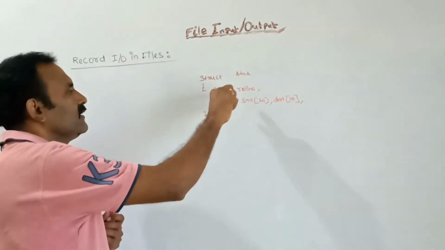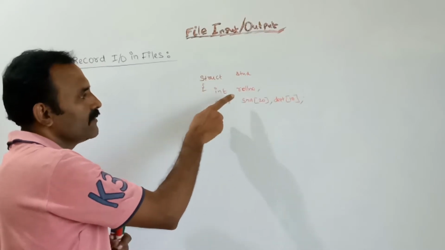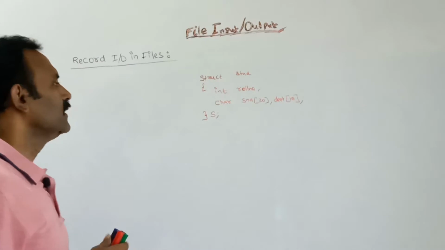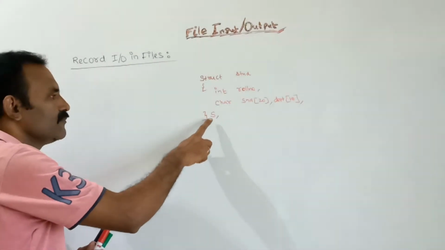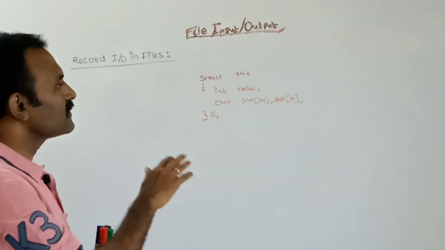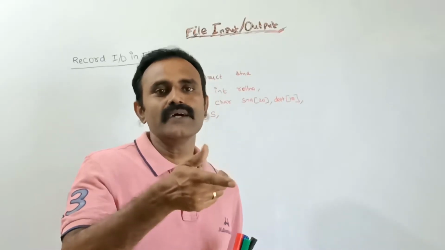Inside it, the fields are also called structure members. Totally how many structure members? Three members: roll number, name and department. This is the structure variable. With the help of the structure variable we can store the record. So by using a structure we can create a record and store the records to a file.